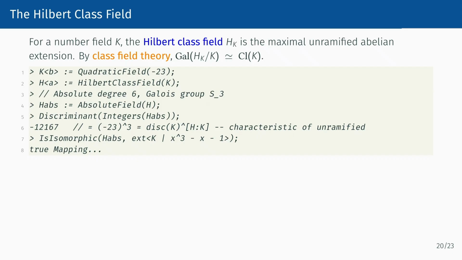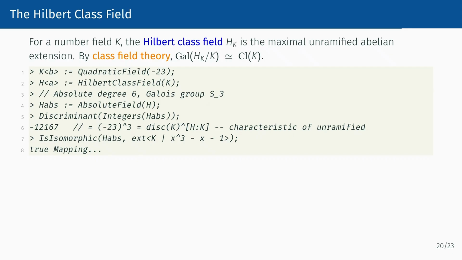If you just adjoin i, the square root of -1, you get an unramified abelian extension. And the maximal such is called the Hilbert class field.